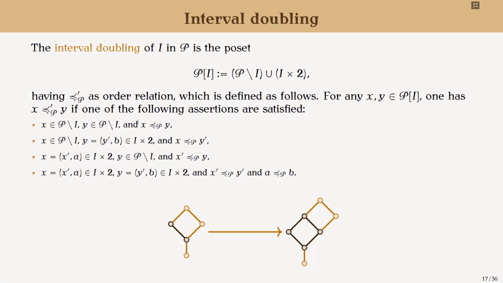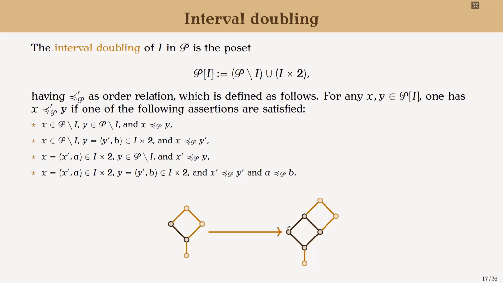comparable, with X smaller than Y if that was the case in the original. Same thing if we take an element X not in the interval that I want to double and U in this interval, for instance this element here.